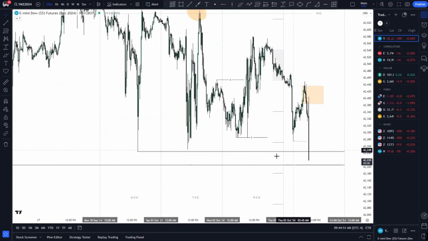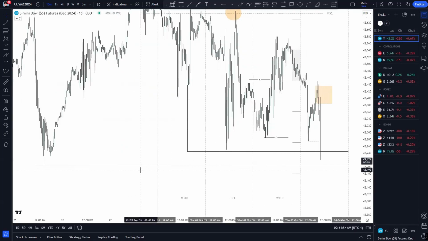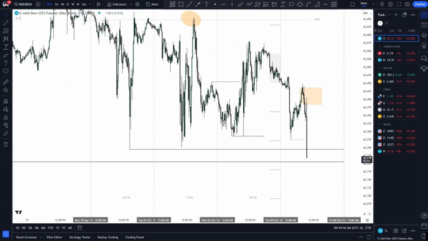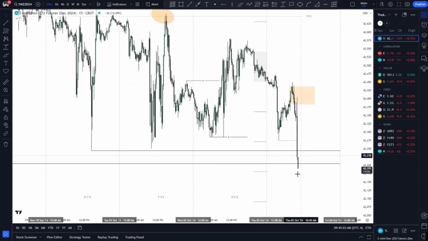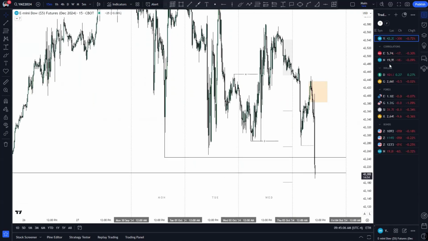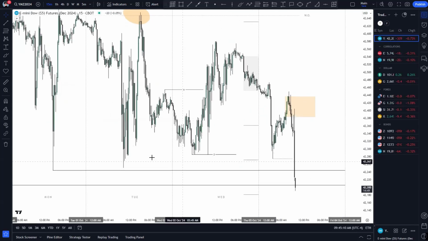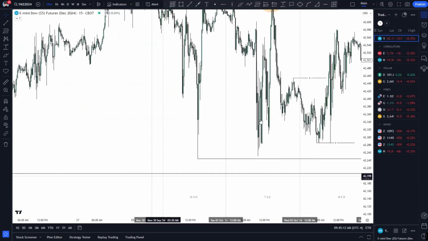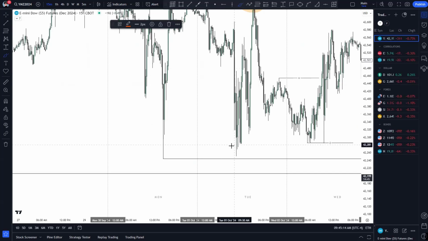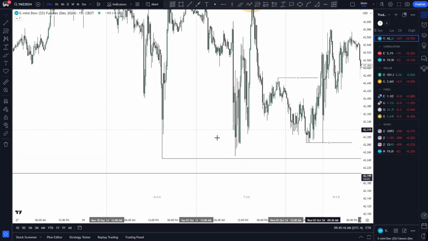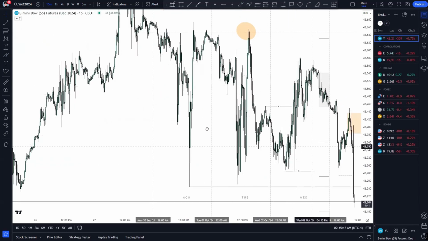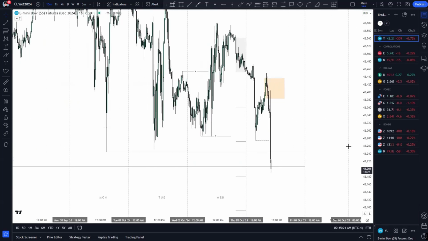Then we have these prior weekly lows, which it'll finally come down and take out. Finally, man. The market this week, man. I've been wanting to see it take out those lows since Tuesday and Wednesday. It consolidated both days, and then it finally did.